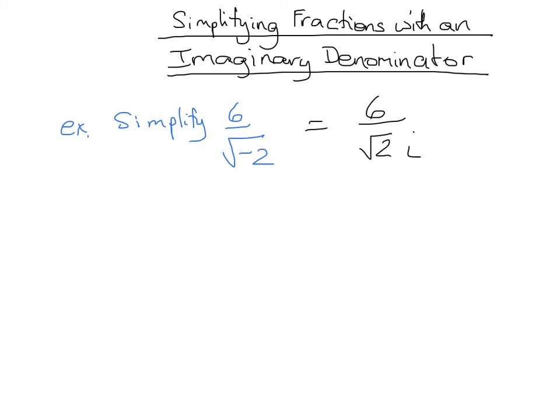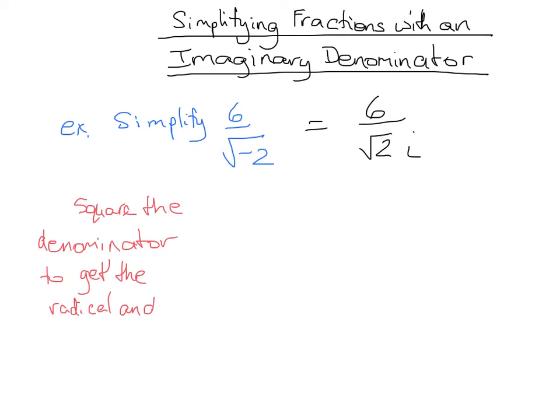In order to get rid of that stuff, here is the rule. Let's write it down. We need to square the denominator to get the radical and the i out. And that's just because we're simplifying it, and when we have to simplify a fraction, we don't want a radical in the denominator, nor do we want an i.